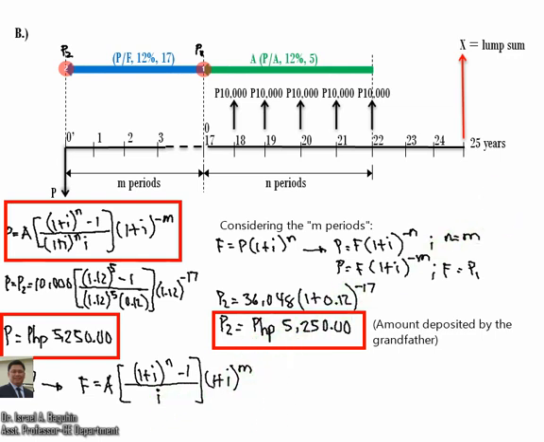So just in case you are going to calculate the future amount or the accumulated amount, you can use this formula: F is equal to A times the quantity 1 plus i raised to the n minus 1 all over i, times the quantity 1 plus i raised to the m.